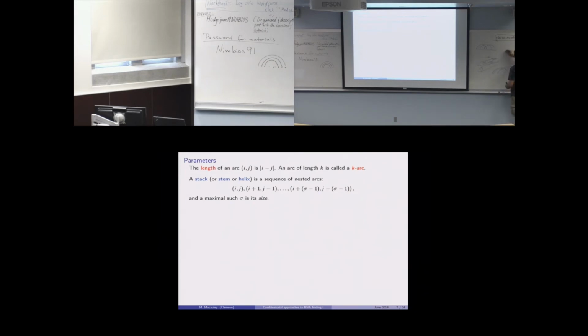If you looked at those cloverleaf diagrams, the motivation for calling it that was... There we go. So you can see that these things are called stacks, or a helix, or a stem. Any of these terms are used.